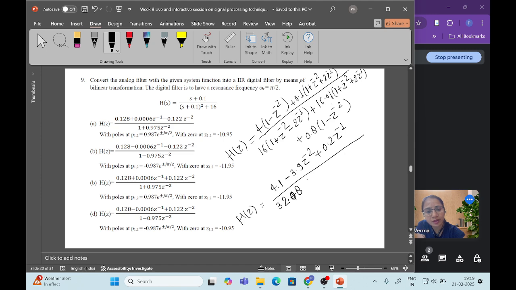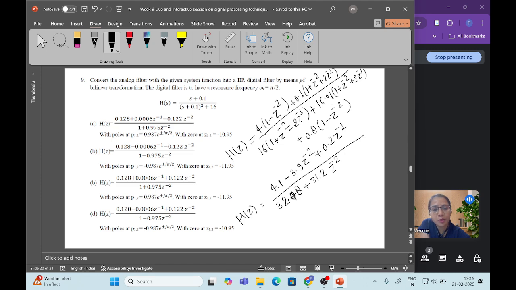All the constant parts I am adding now, where z to the power minus 2 is there, so 16 z to the power minus 2 and 16 z to the power minus 2 and minus 0.8 z to the power minus 2. 16 and 16 is 32, 32 minus 0.8, you will get 31.2 z to the power minus 2.